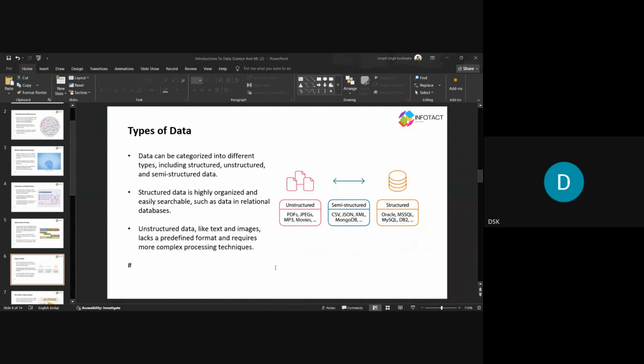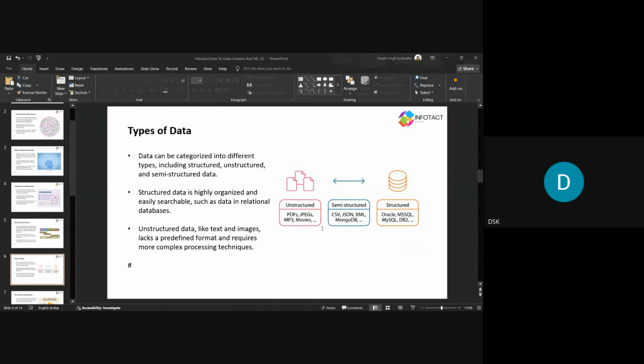As you can see, unstructured data would include PDFs, JPEGs, MP3s, movies, but structured data includes relational databases, so they are already organized, maybe in a tabular form, because structured data is the most organized type of data.